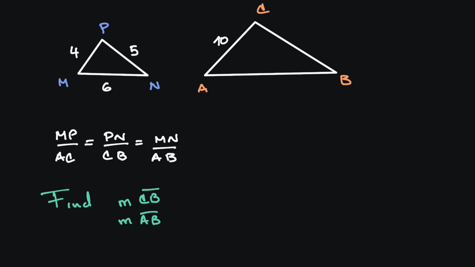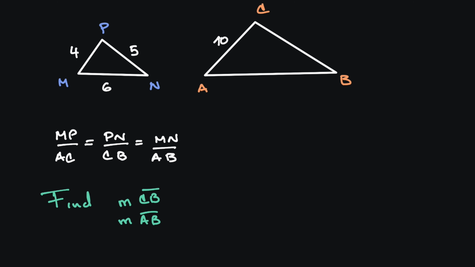Let's do one last problem. In this problem, we have two triangles, and this proportion is true: MP to AC is equal to PN to CB. It says that MP is to AC as PN is to CB, as MN is to AB, and I need to find the measure of CB and AB.